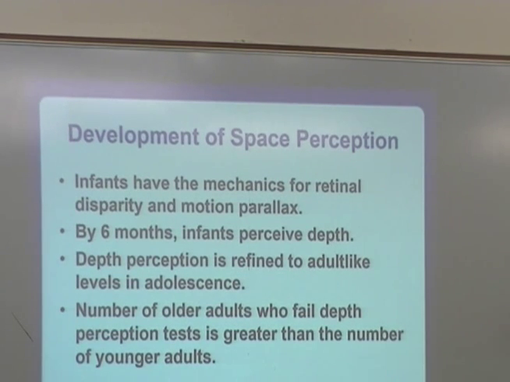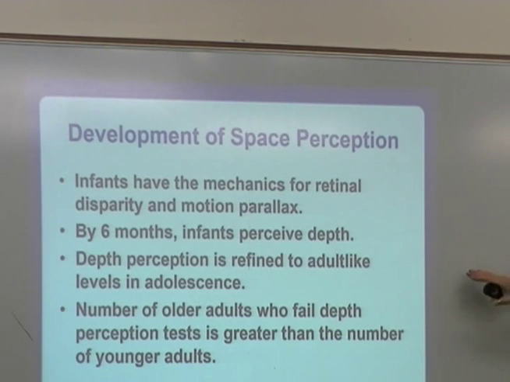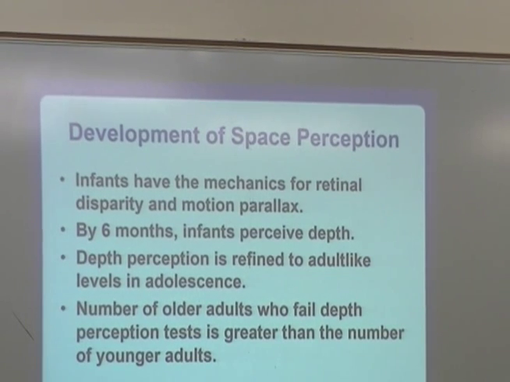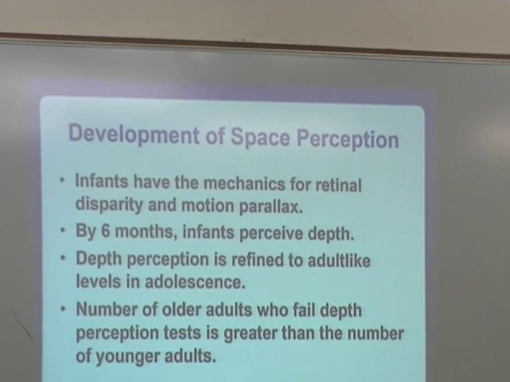So by about 6 months, the research said, we can run little tests on these babies, and we see that by about 6 months, they're starting to have an idea of what depth means.